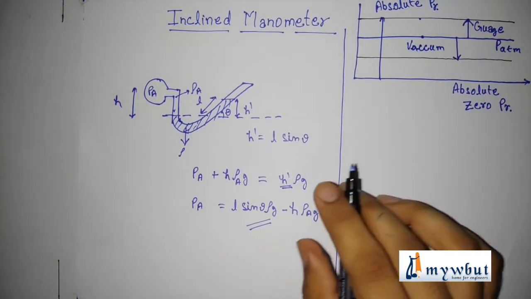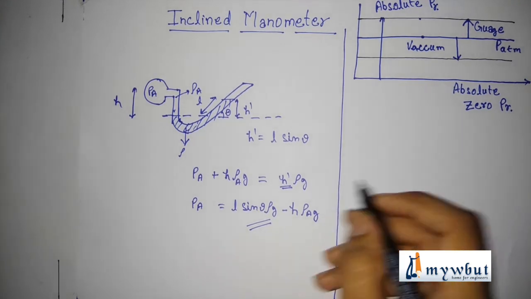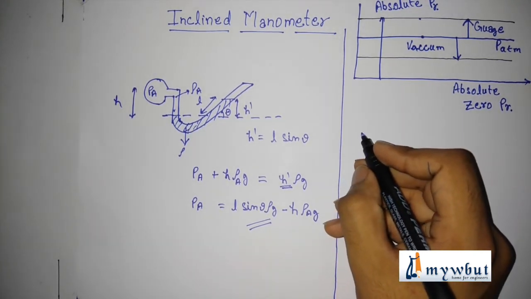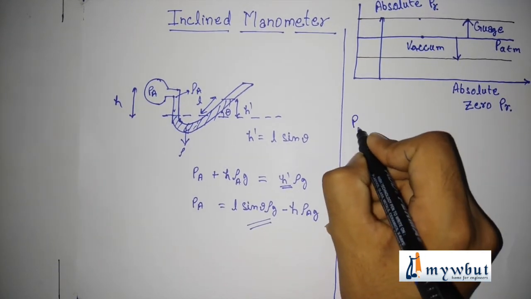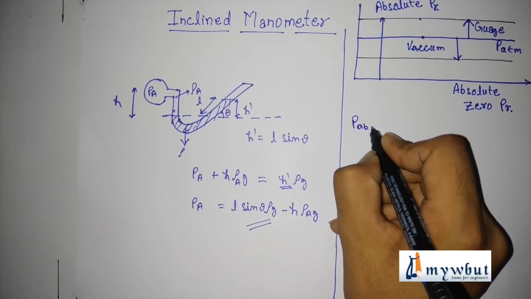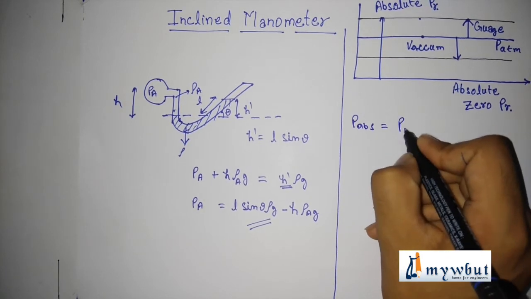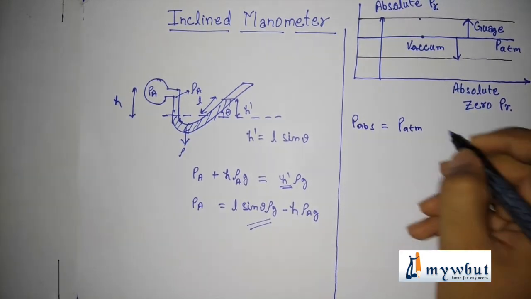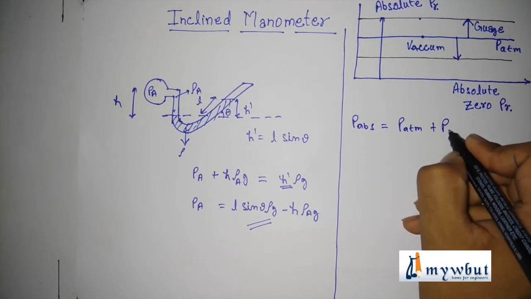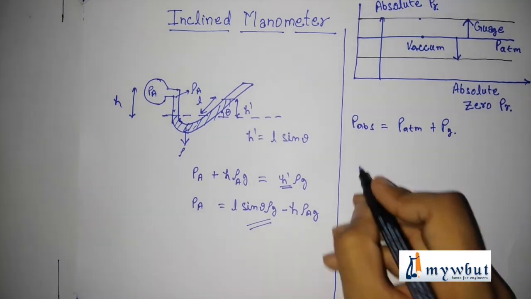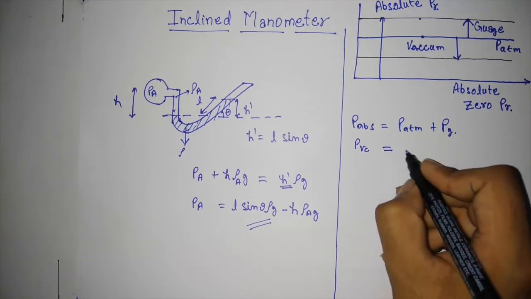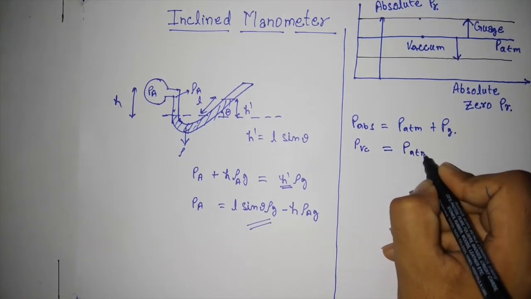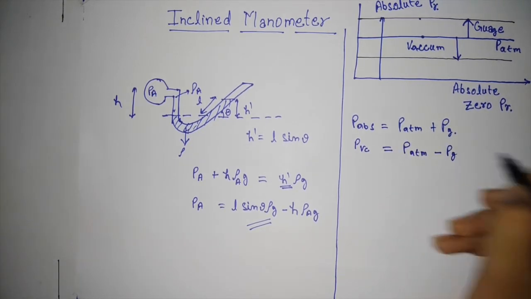Numerically, absolute pressure will be equal to atmospheric pressure plus gauge pressure. Vacuum pressure will be equal to atmospheric pressure minus gauge pressure.